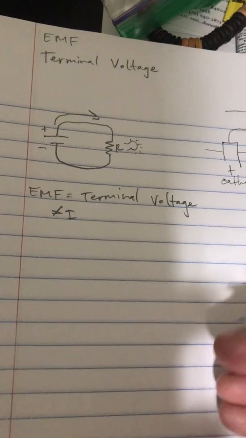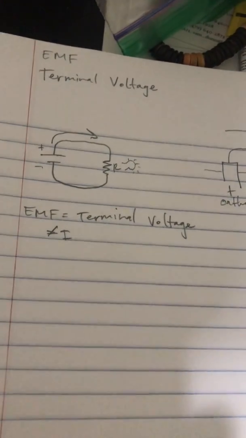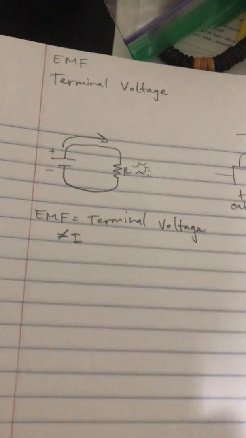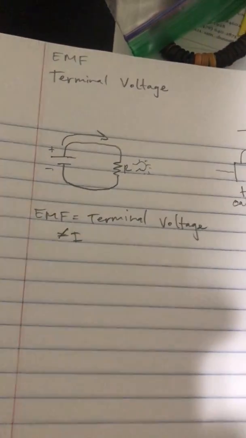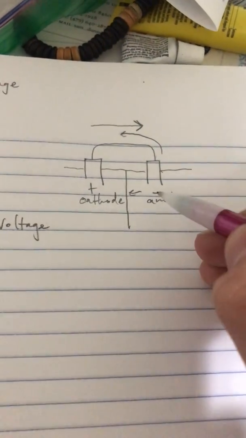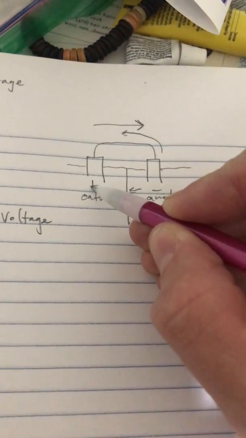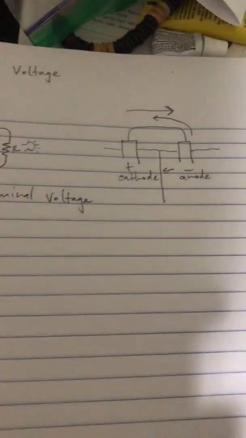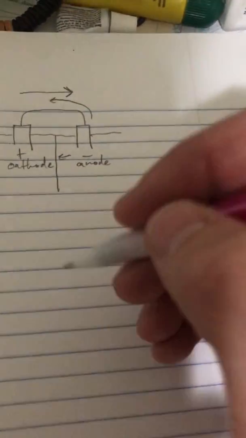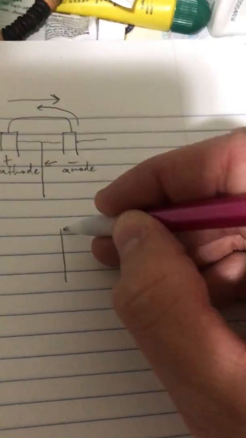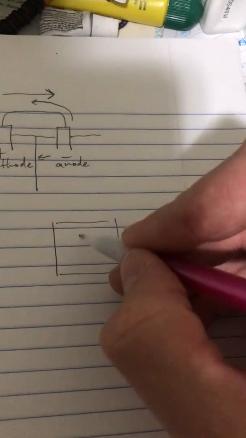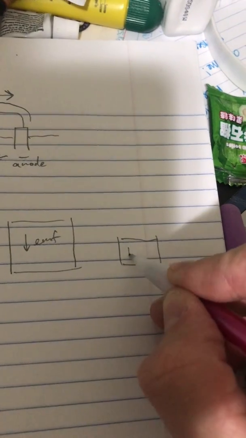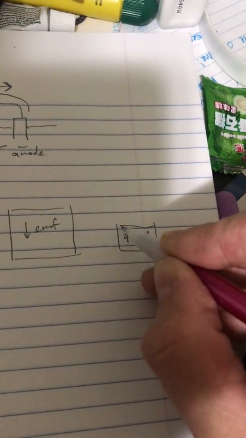So EMF is essentially the theoretical voltage that you would get out of a battery, but a battery is going to have internal resistance when it flows from the negative end here to the positive end. And then also I'll explain this a little bit later. But a bigger battery is going to have a lower internal resistance, whereas a smaller battery is going to have a higher internal resistance.